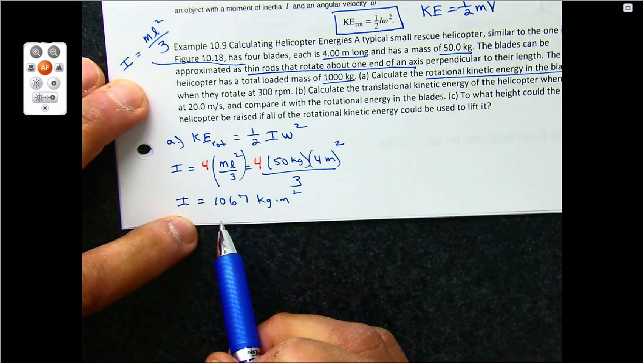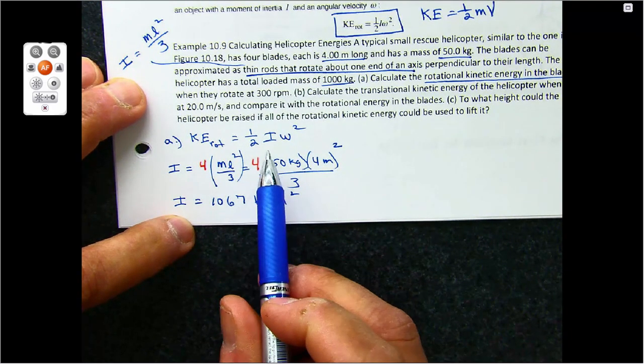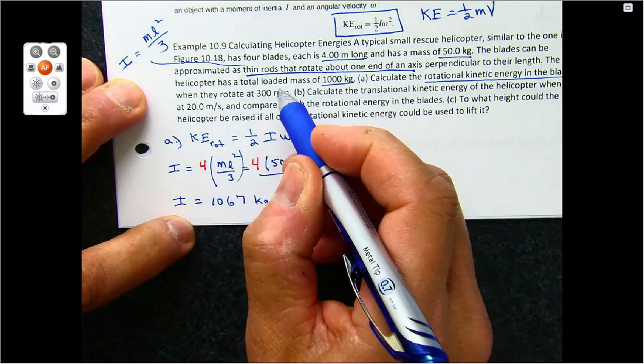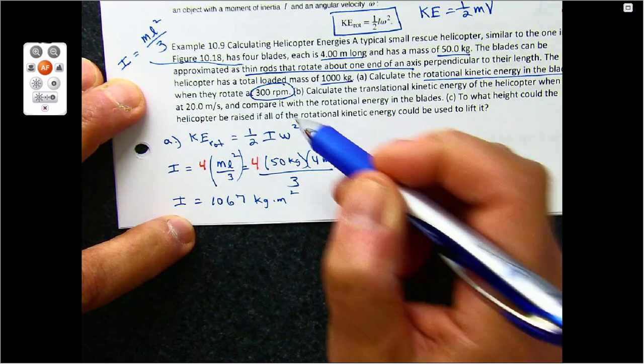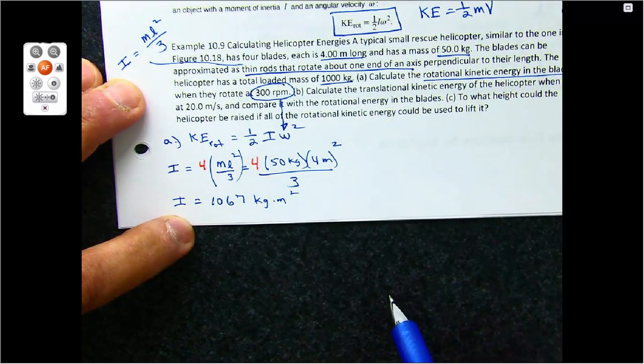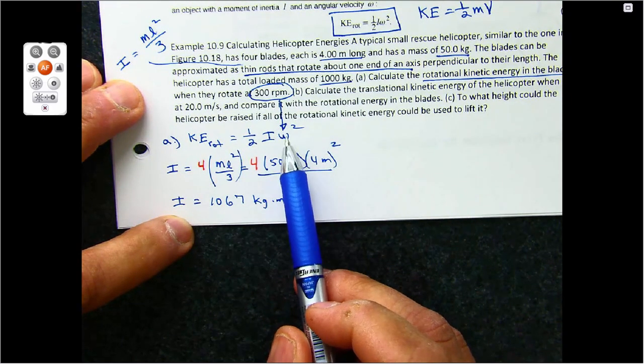But 1,067 should be right. So that's my I. What is my omega? If this thing is going 300 RPMs, we'll change 300 RPMs to, what units do I need here? Radians per second.